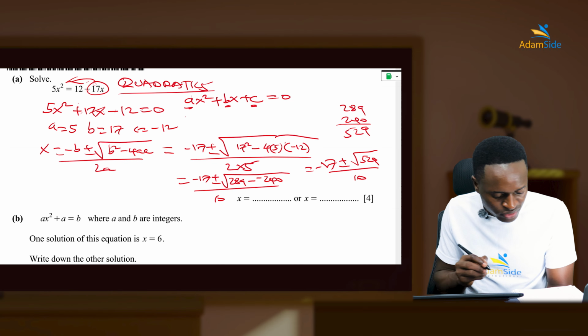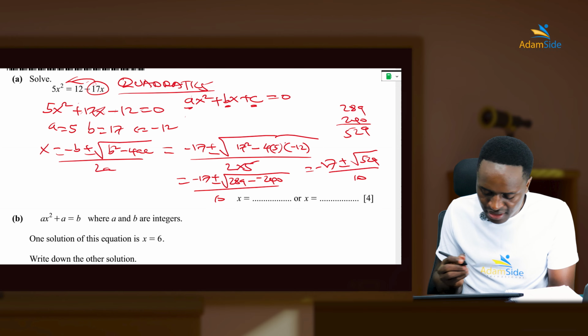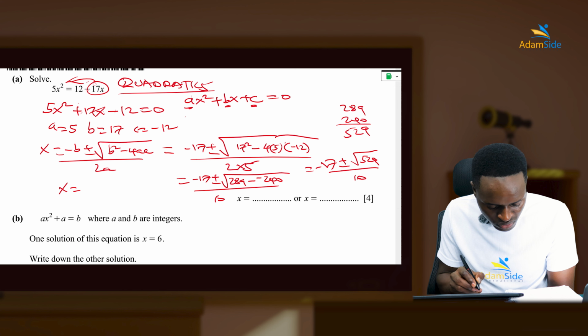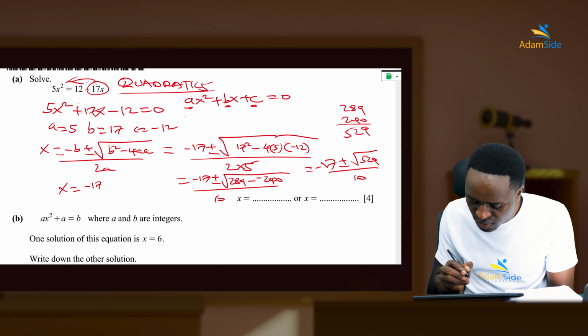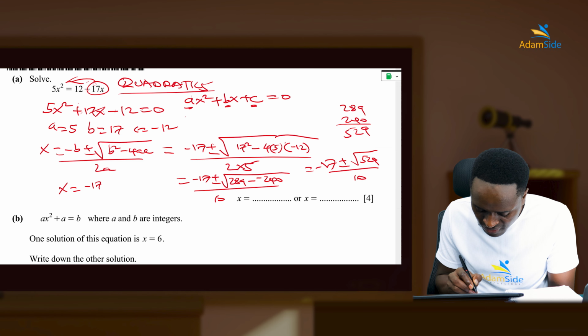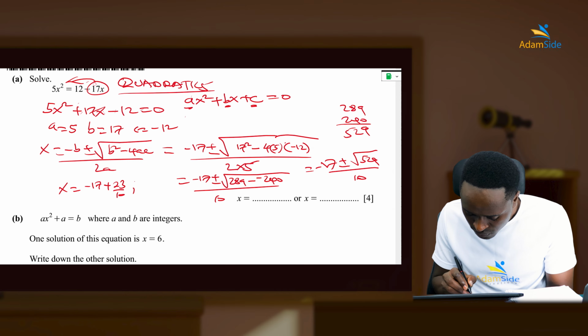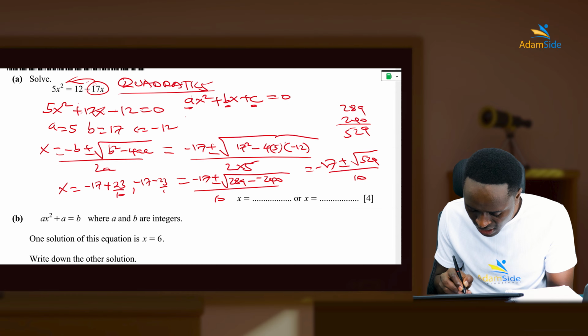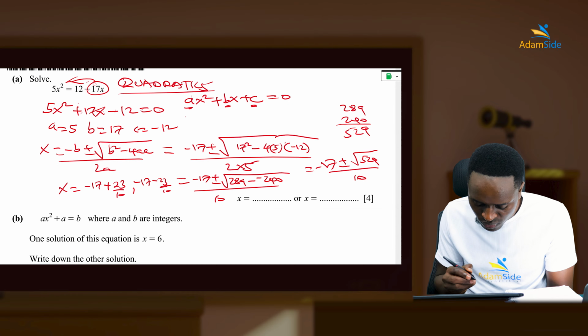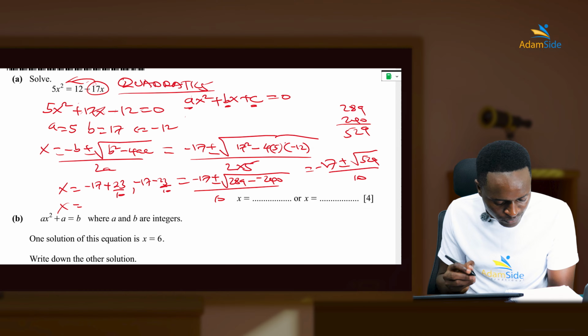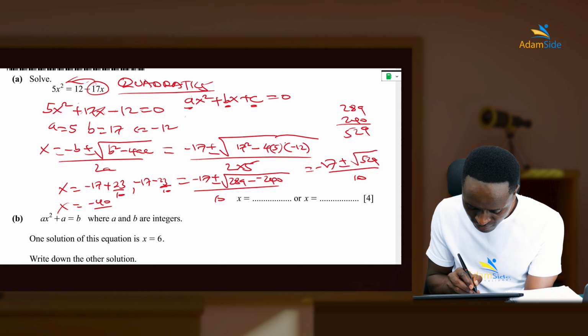Correct. So x is equal to negative 17 plus or minus, and the square root of 529 is 23. So it's negative 17 plus 23 over 10, that's the first one, or negative 17 minus 23 over 10. If you do that, you have negative 40 over 10, which is negative 4.